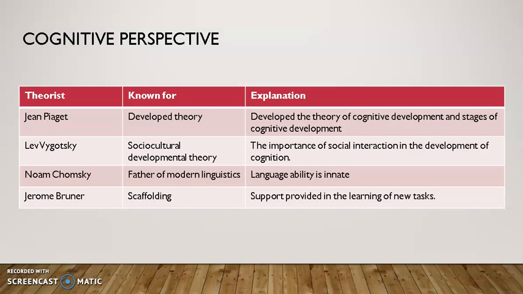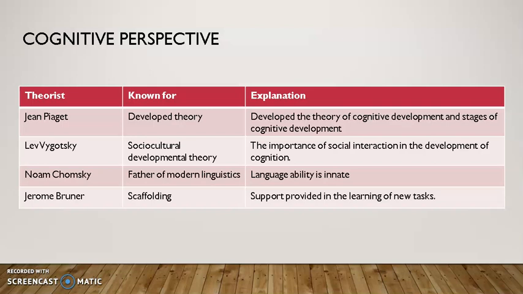He was saying that social interaction with others is extremely important for the development of cognition, or the way in which we think. He developed the zone of proximal development, which we'll talk about later, but this is something upon which a lot of work has been built, like scaffolding, for example.